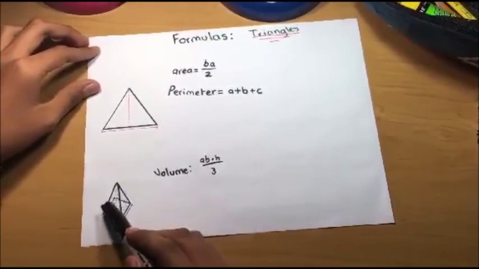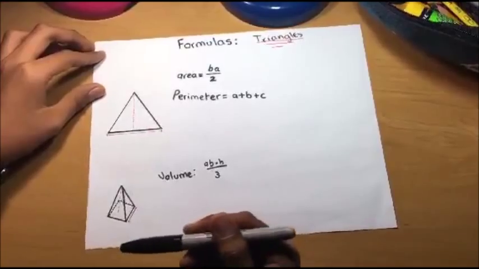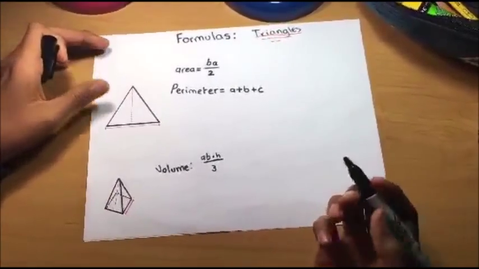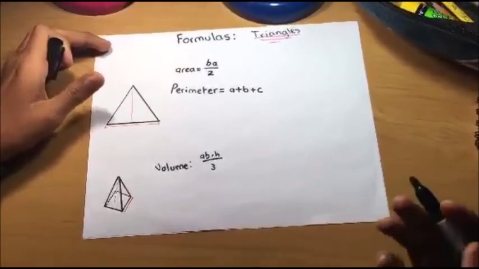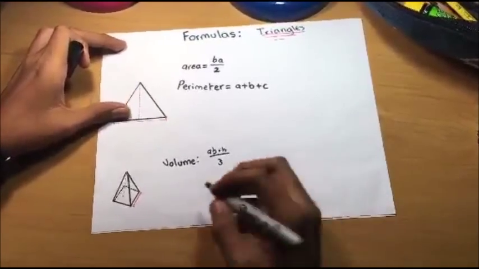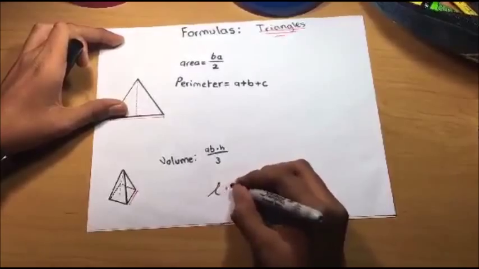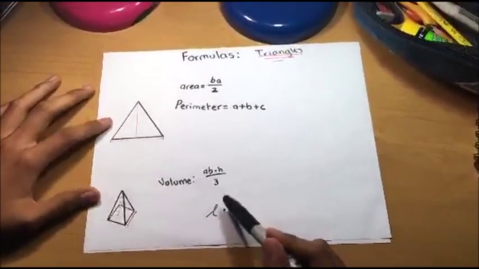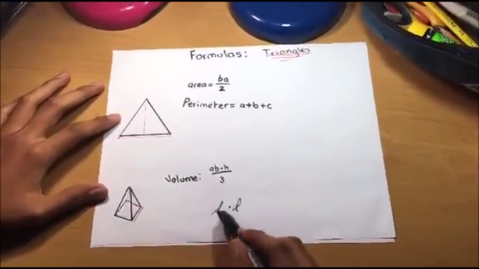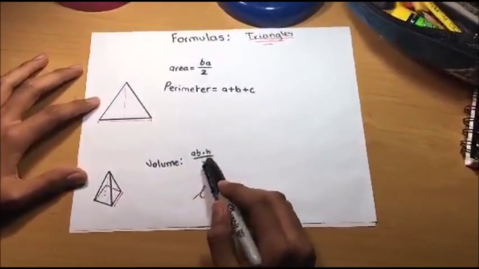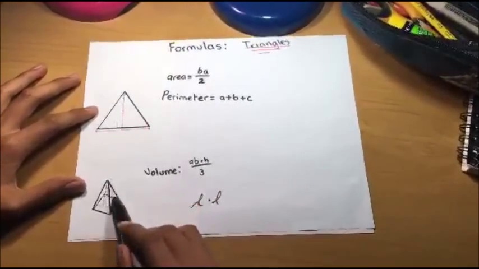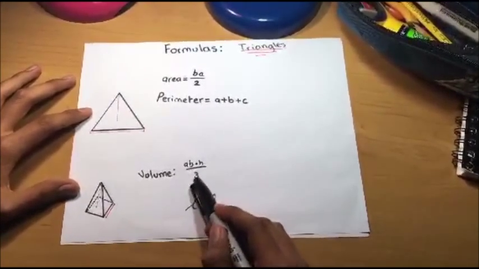Of course, in this case it is a square, so we will need to use the formula for the area of the square, which is side by side. So we are going to multiply the area of the base by the h, that is the height of the pyramid, that is this part, over 3.